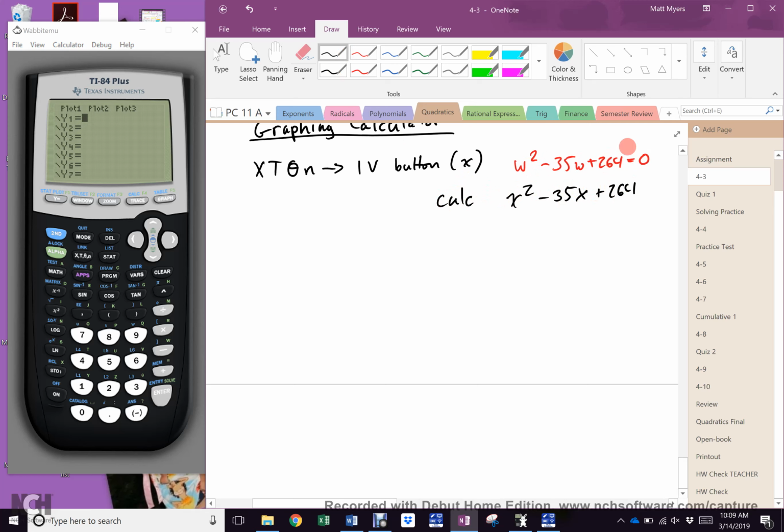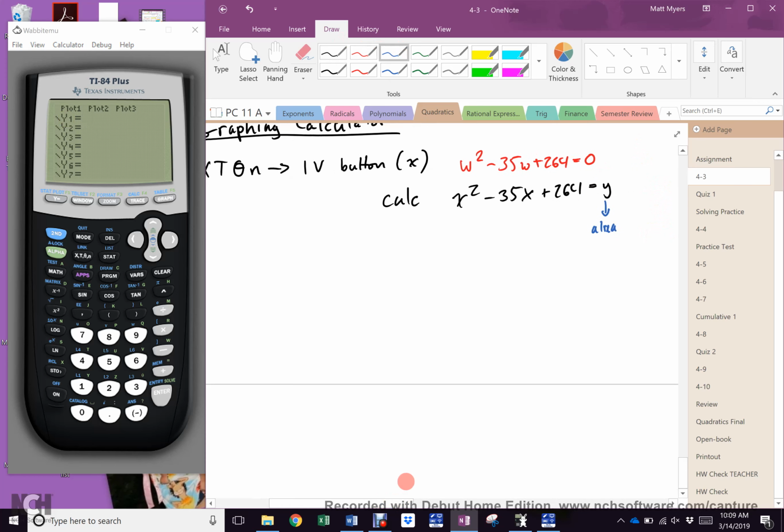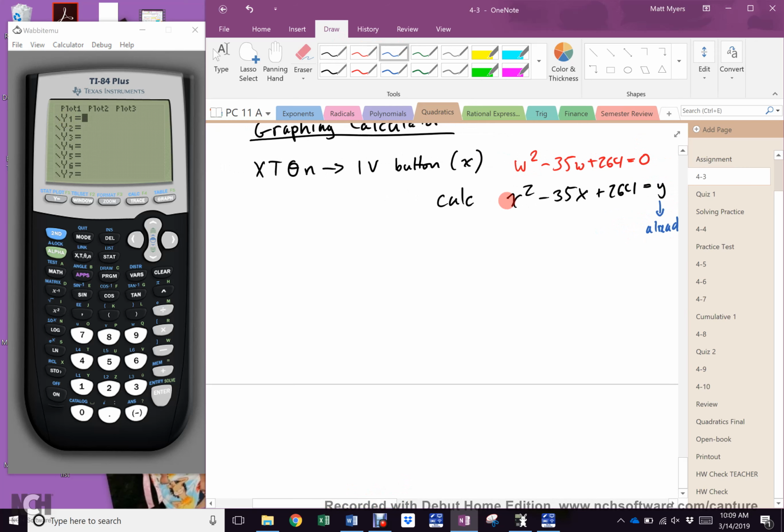On my calculator, what's the output? Y. This will equal Y. The Y is already there. Everybody cool?